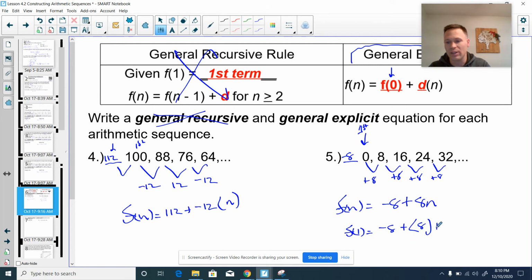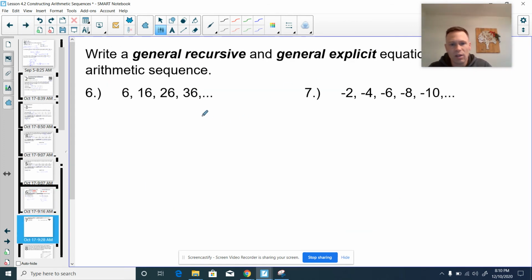Well, 8 times 1 is 8, plus negative 8 would then be equal to 0. And that is the first term that we have, right? And it would work out with this one as well. So that's why we're going back to 0 when we define these, okay? So it works out. Same idea here.